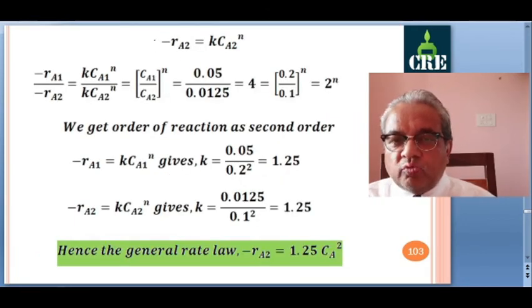So minus Ra2 is k Ca2 raised to n, and minus Ra1 is k Ca1 raised to n. So k is the same value, Ca1 raised to n, Ca2 raised to n.